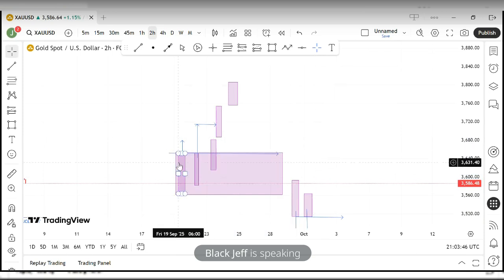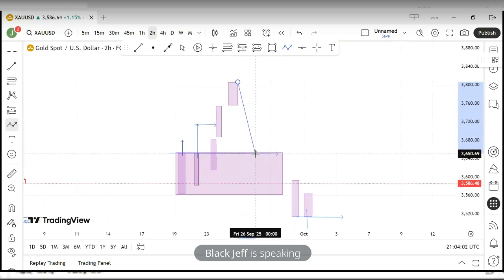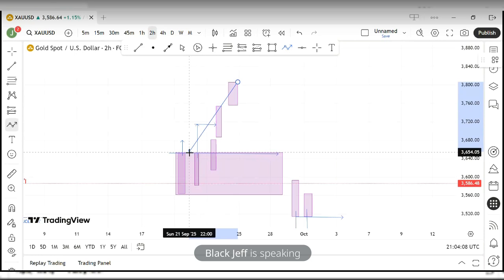Now, you draw a box on the 2 points that form the key level. After drawing a box on the 2 points that form the key level, depending on you, you are waiting for the market to come back into the box. Just like for me here, if I will not be active, I will just put a limit order, like a buy limit order, on the 2 candles that form the key level, not on the body that broke past it.